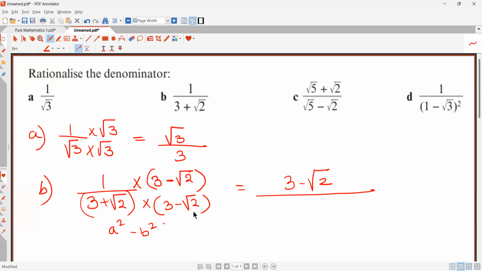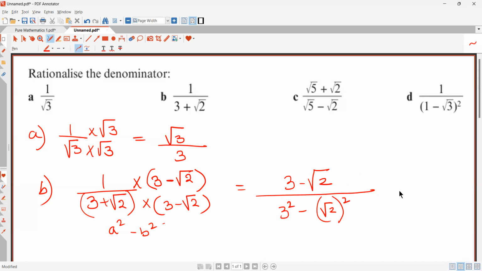So instead of writing 3 3s are 9, 3 root 2, 3 root 2, minus 2, no need to open the bracket. Just do 3 square minus root 2 whole square. Is this understood? I just decreased some of your calculation time right there.